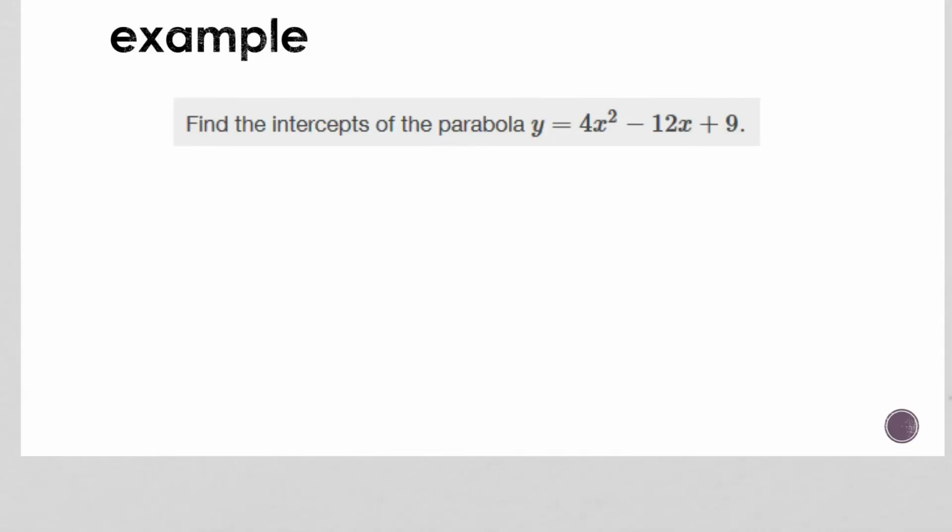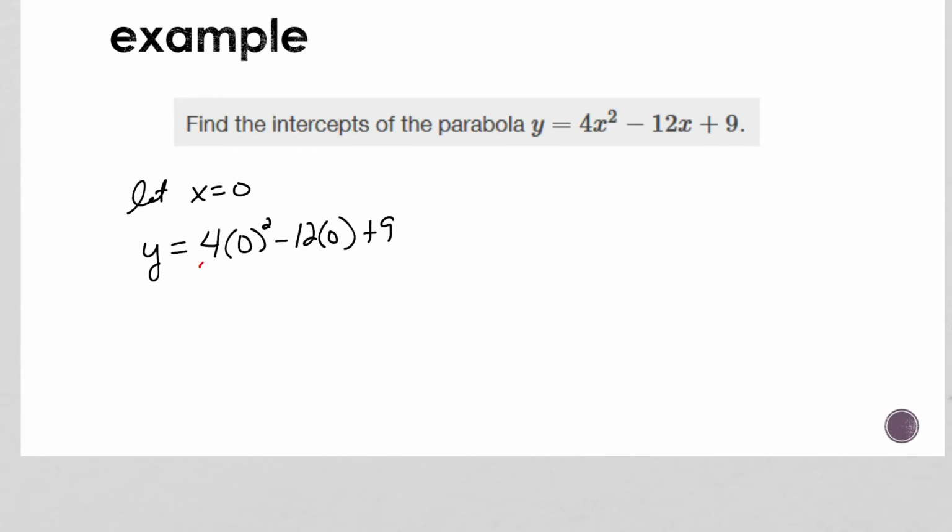All right, so let's take a look at this one. Again, find the intercepts. That means we need to find the y-intercept, and also the x-intercepts, if there's more than one, or even one. To find the y-intercept, we let x equal 0. So y is equal to 4 times 0 squared minus 12 times 0 plus 9.